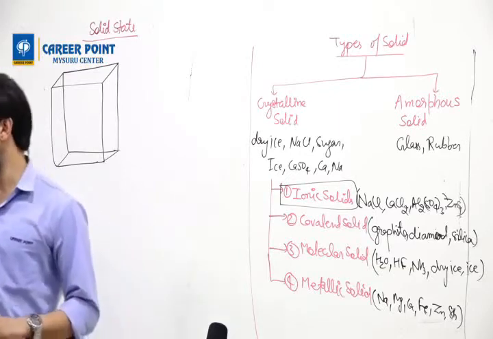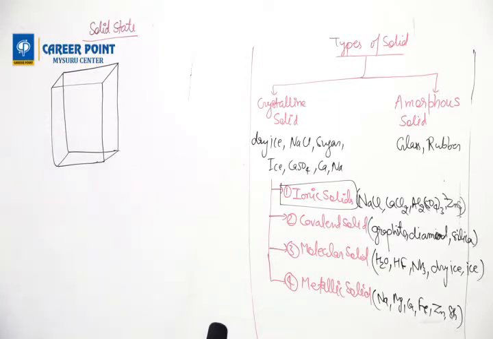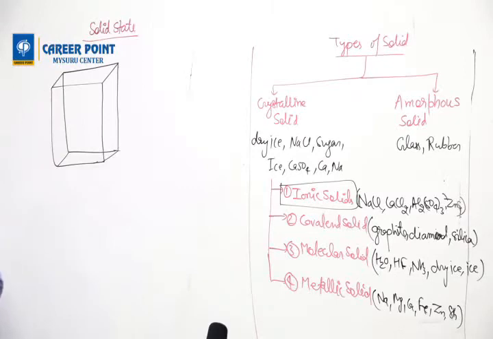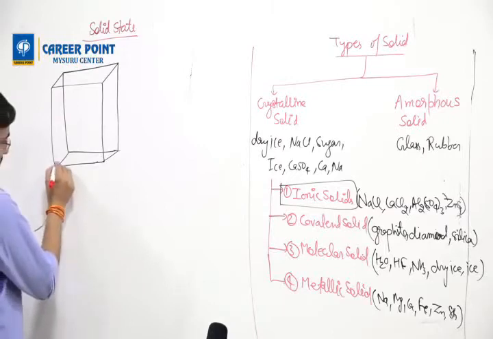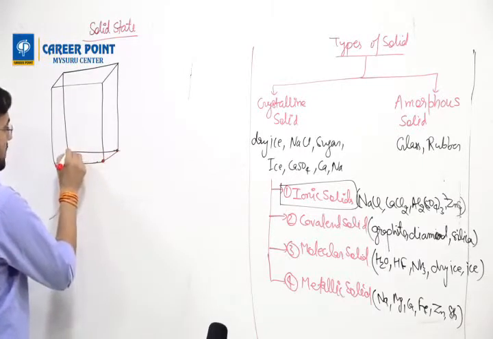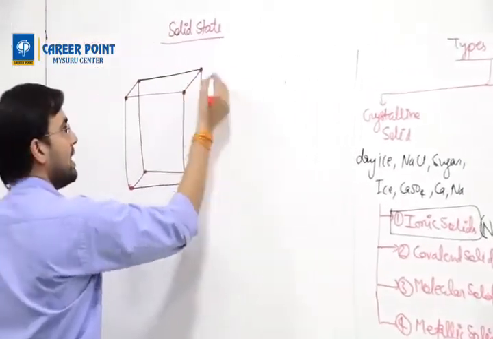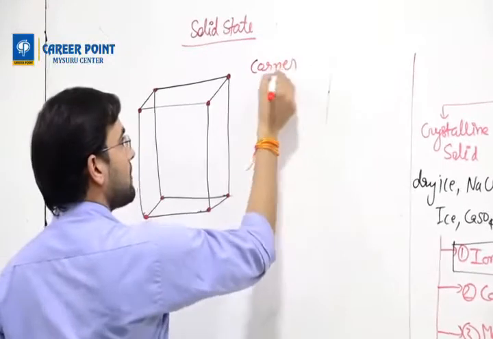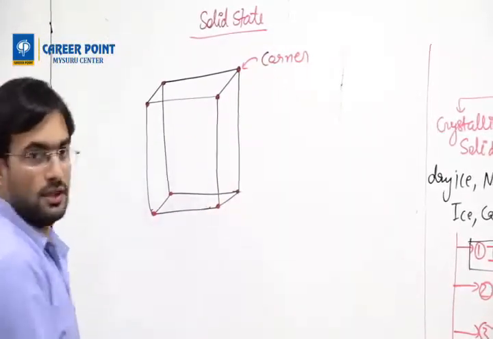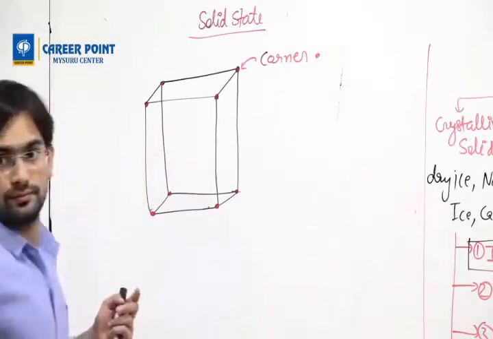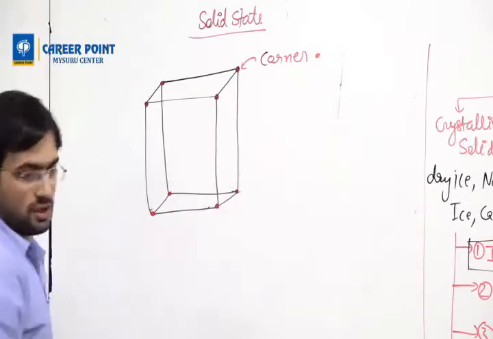When I have a cube, I should be able to understand some points about it. These are known as corners.